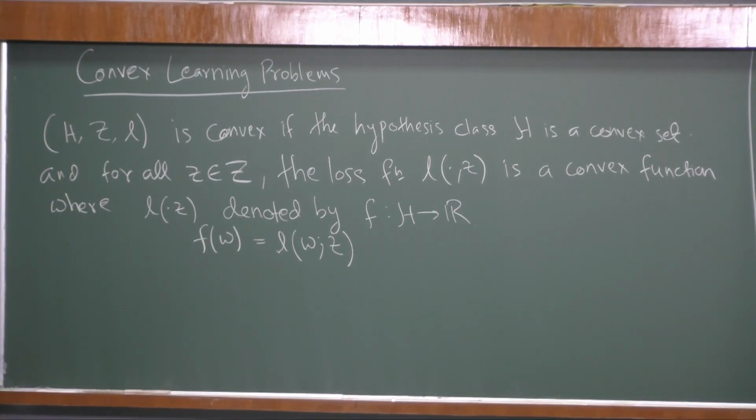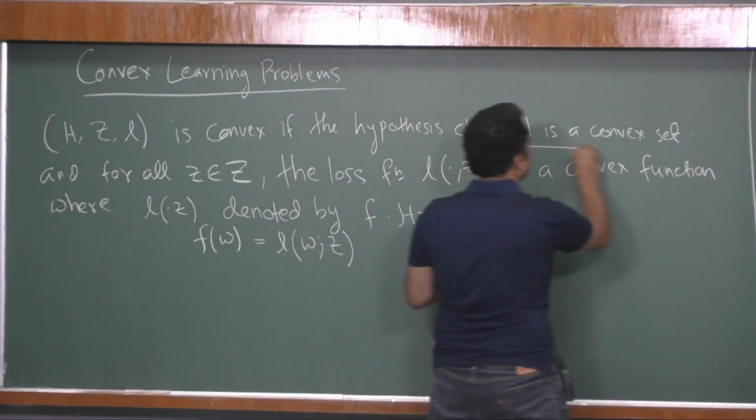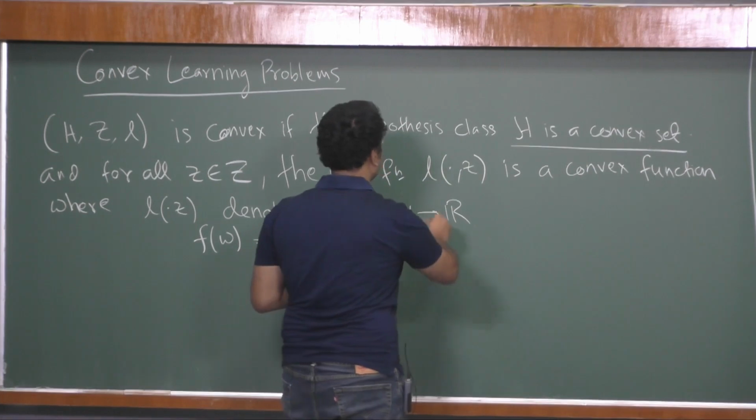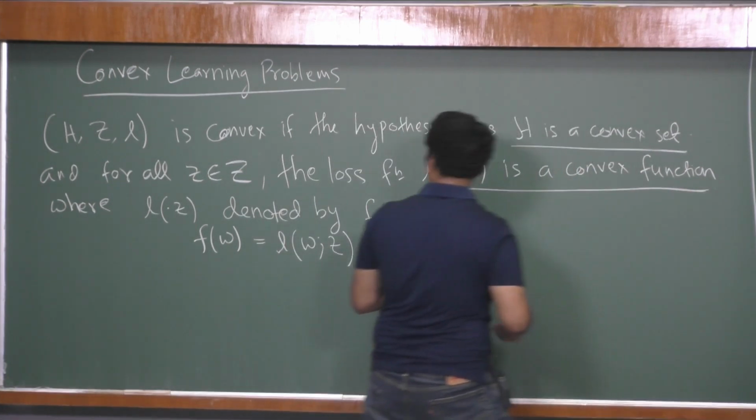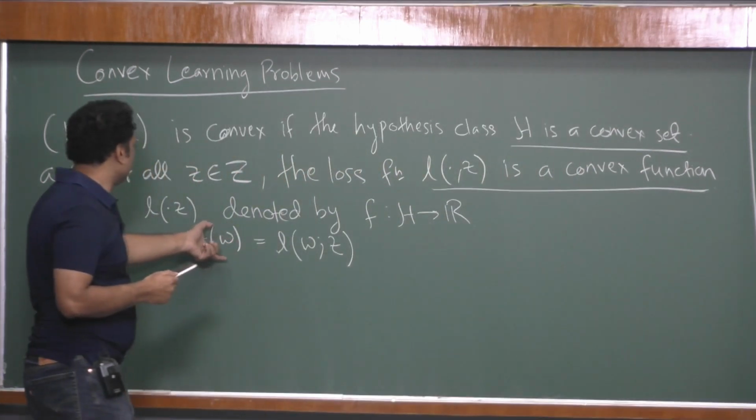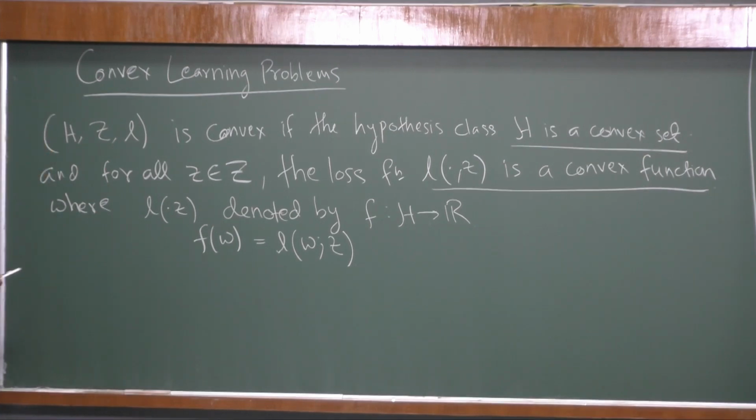So in a convex learning problem, our hypothesis class has to be a convex set, and the loss function is a convex function, and how the loss function is related to f is shown here.